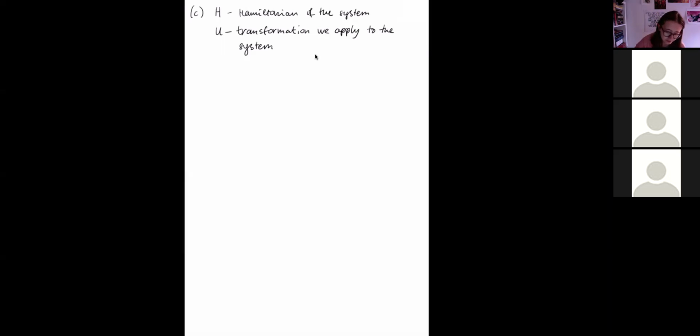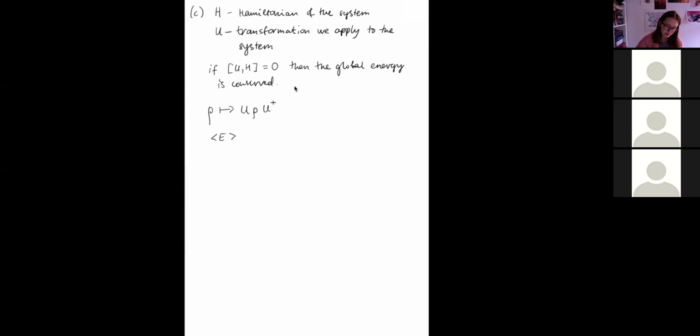The corollary is the following: if U and H commute, so the transformation that we apply commutes with the Hamiltonian of the system, then the global energy is conserved. And this is very easy to prove. It's just two lines, so I'll do it here. Suppose that we apply the unitary U, and initially the system is in a state rho. Then the state of the system after applying U would be U rho U dagger.